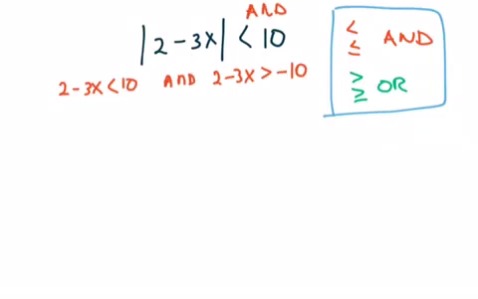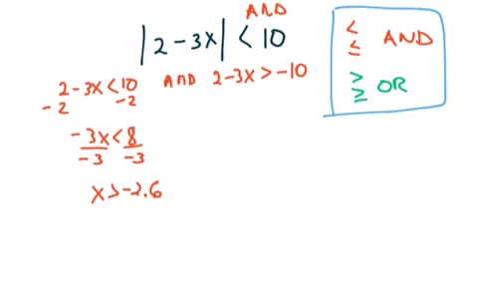Okay, so solving these individually, we will subtract 2, get negative 3x less than 8, divide by negative 3, divide by negative 3. Dividing by a negative, I have to flip, so now it flips to greater than, and that's greater than negative 2.6 repeating.